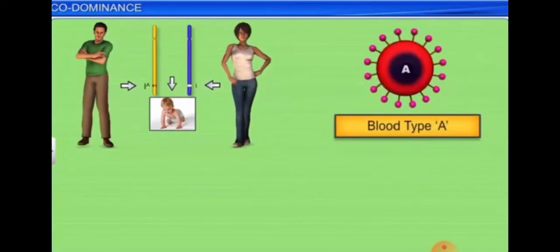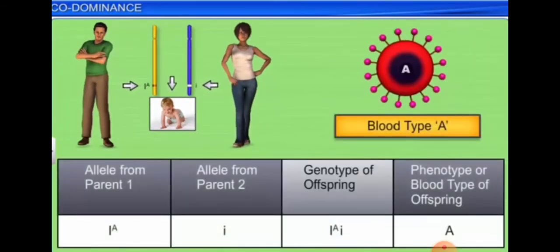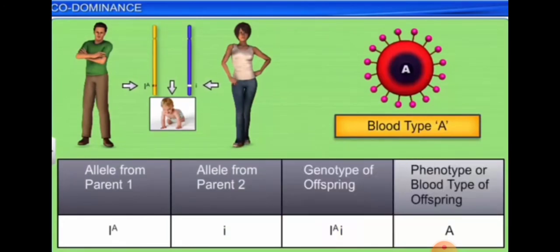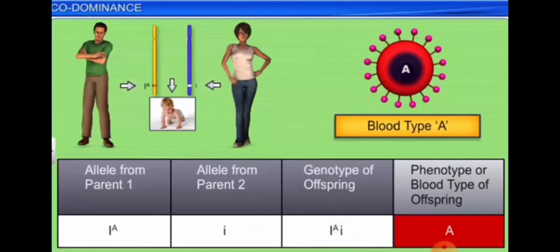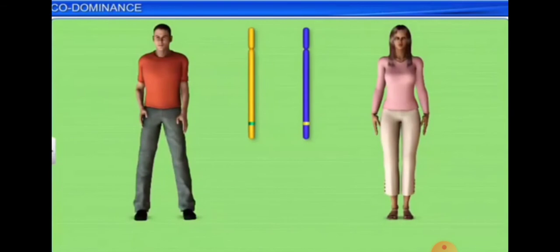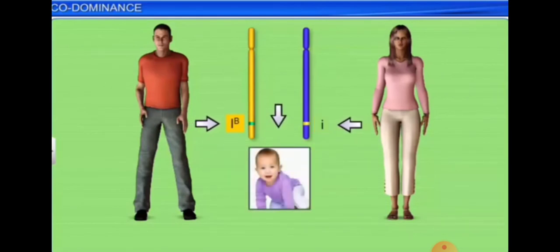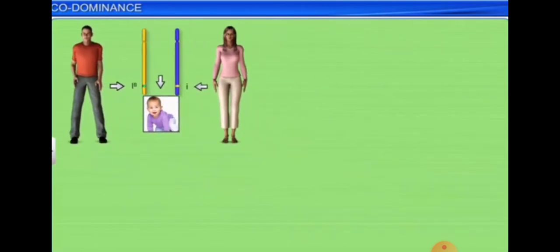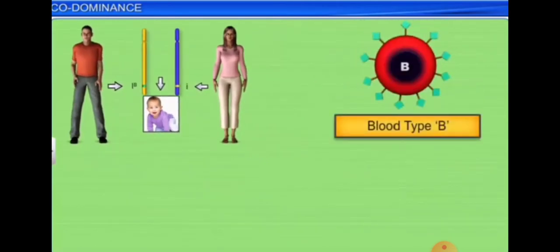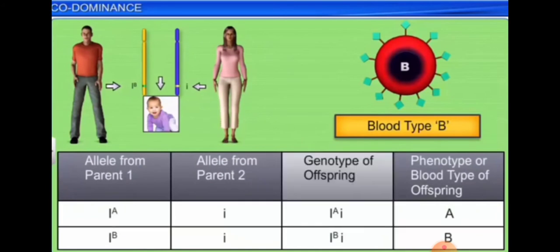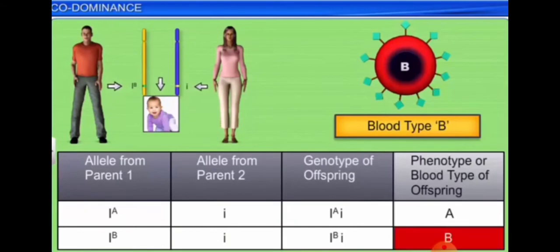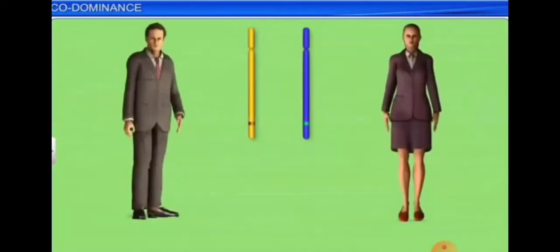So in this case, the RBCs only have type A sugar in them, the genotype of the offspring is IA i, and the phenotype of the blood group is A. Similarly, when the allele from one of the parents is IB and from the other is small i, only IB is expressed in the offspring, as the RBCs have only type B sugar in them. In this case, the genotype is IB i, and the phenotype is B.